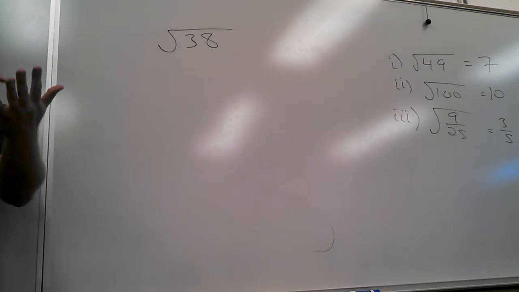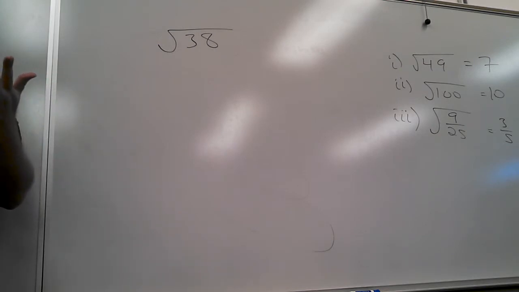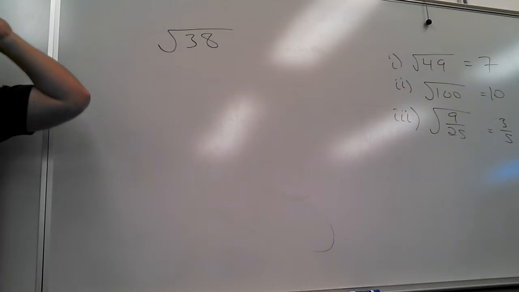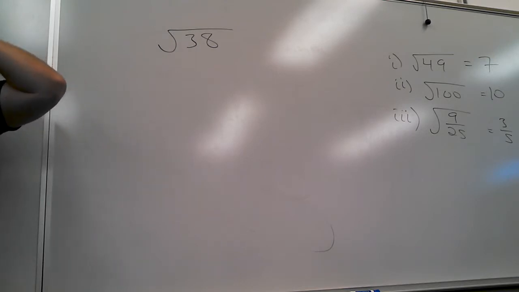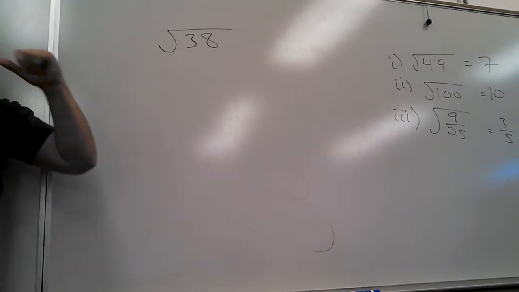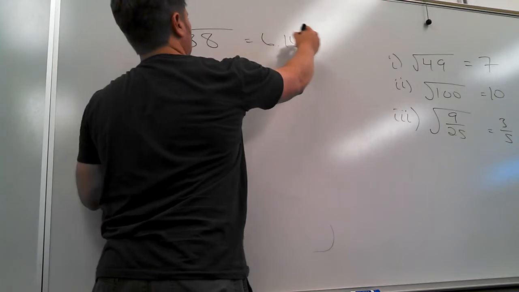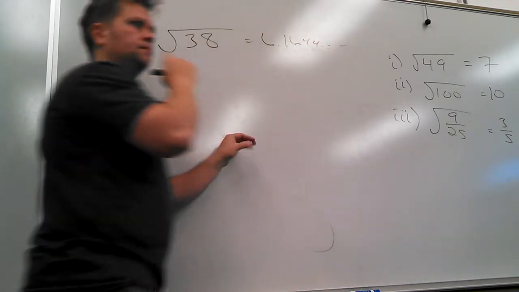So if you have a square root button in your calculator, if you do square root of 38, it's going to come out to be 6.1 something maybe. What is it? 6.164 blah blah blah.